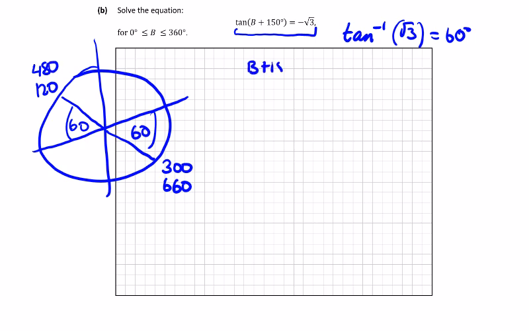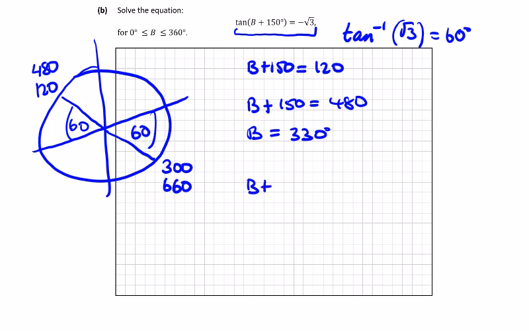So b plus 150 is equal to 120. So I don't think that's going to work for us. b plus 150 is 480, so b will be equal to 330.